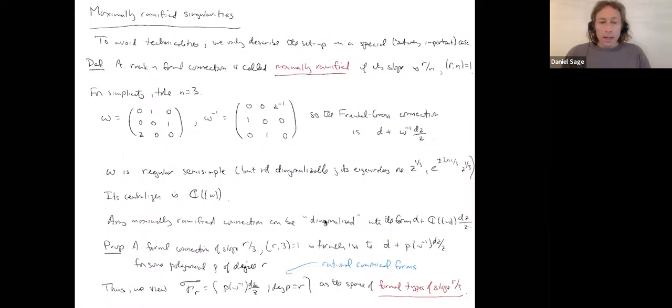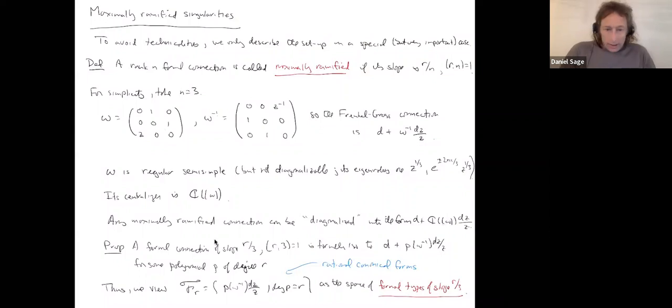Now here is the interesting fact. Its centralizer turns out to be, you can write it down explicitly, just Laurent series in this omega matrix. And it turns out that any maximally ramified connection can be quote unquote diagonalized into this form, by which I simply mean there's a formal gauge change you can make that turns it into this form.